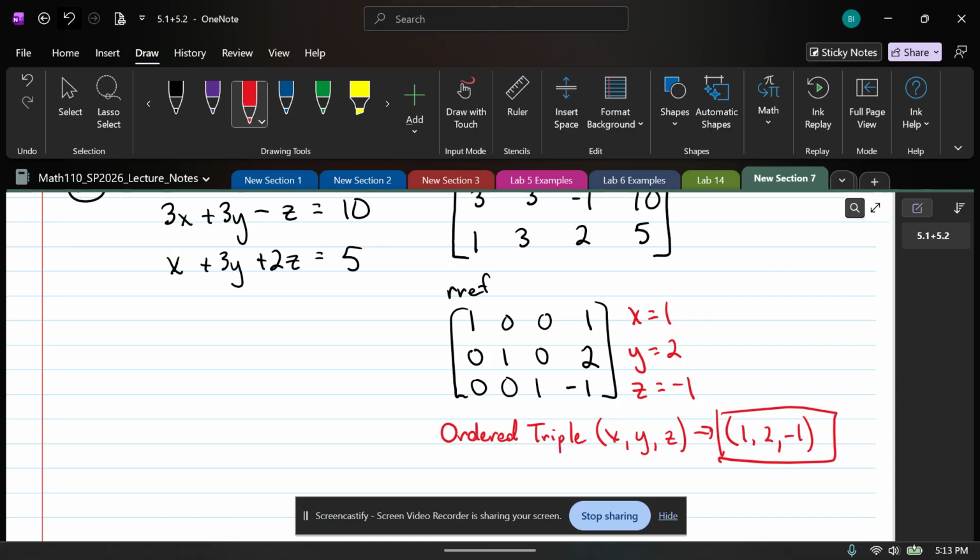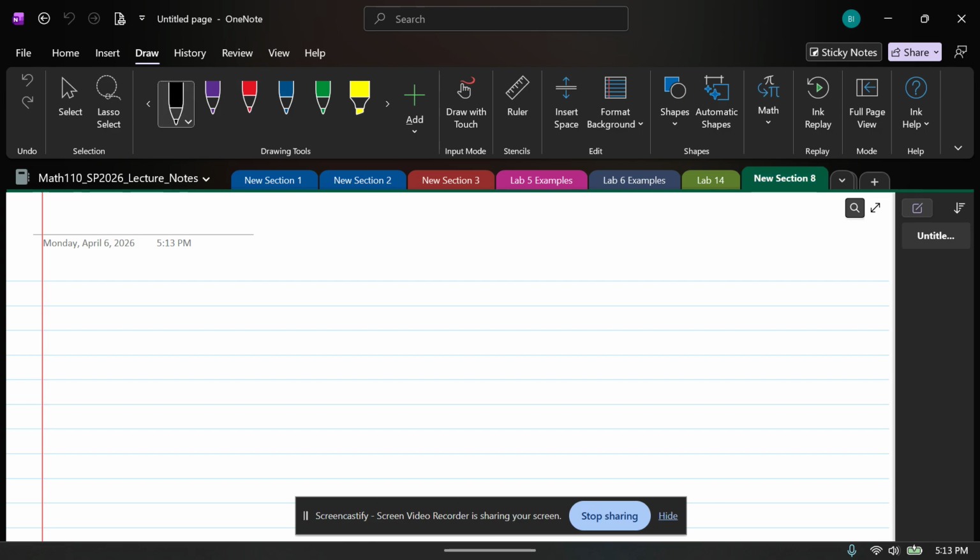Now, last section of the night. Section 5.5. Non-linear systems. Non-linear systems mean systems that do have exponents on the variables, or they're not perfectly linear.